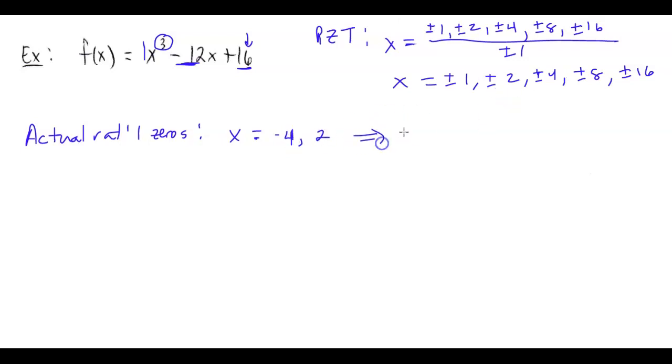And so what this lets us know, by the factor theorem, is that x plus 4 and x minus 2 are factors of f of x, okay?